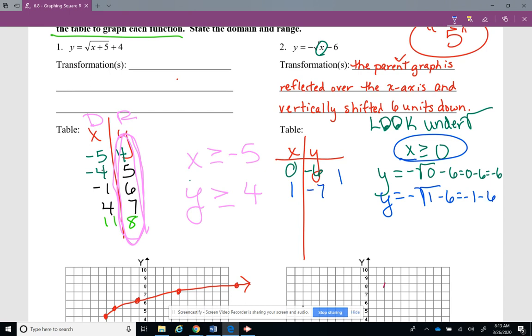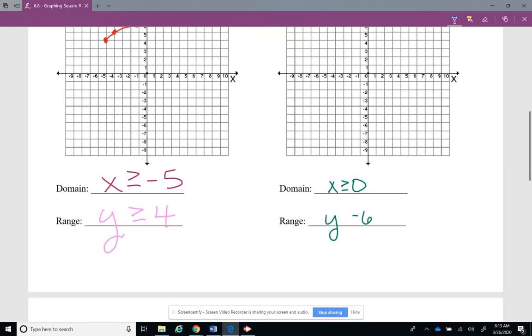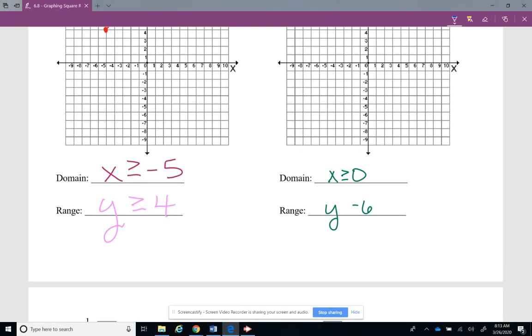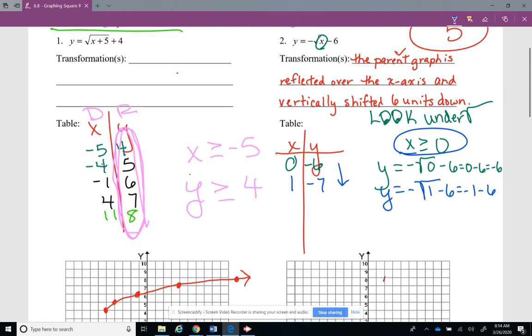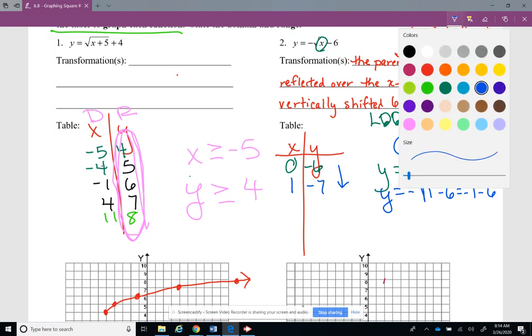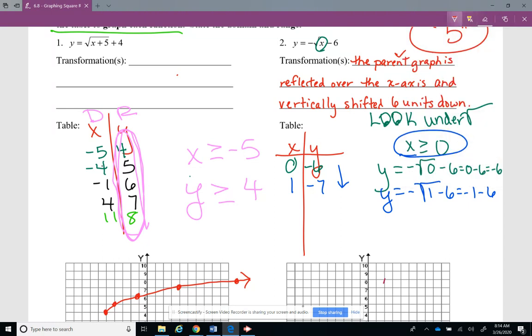Look at those numbers. Are they getting smaller or bigger? They're getting smaller. So that's why we go down to the bottom where it says range: y is less than or equal to negative 6. Because they're getting smaller, so it's less than. It makes sense.